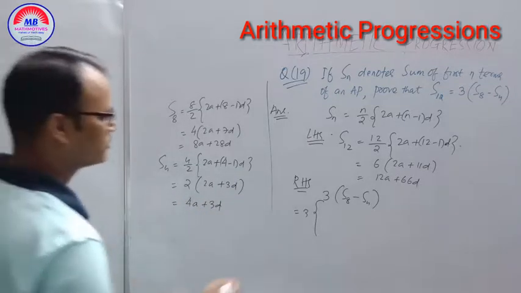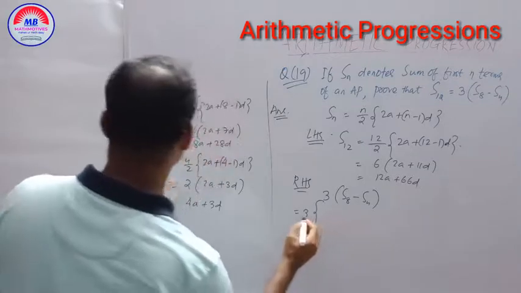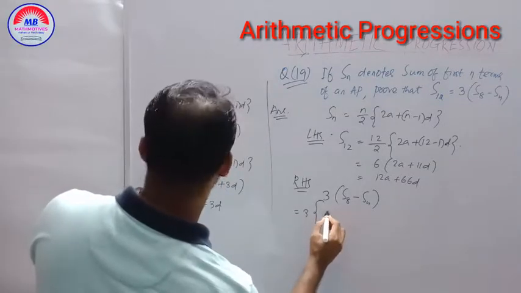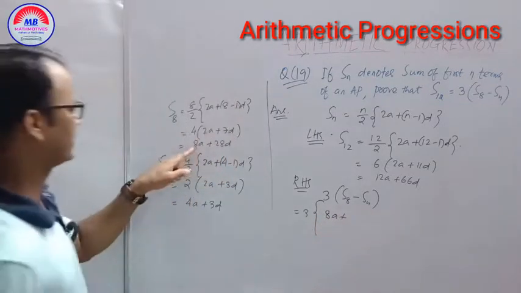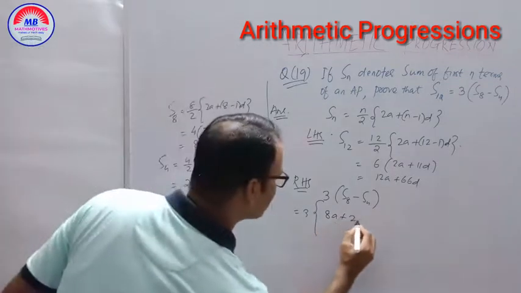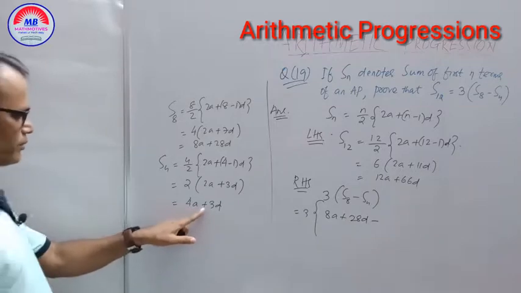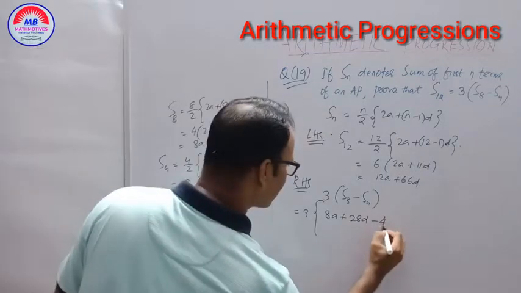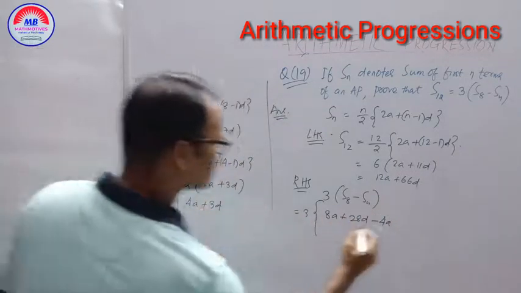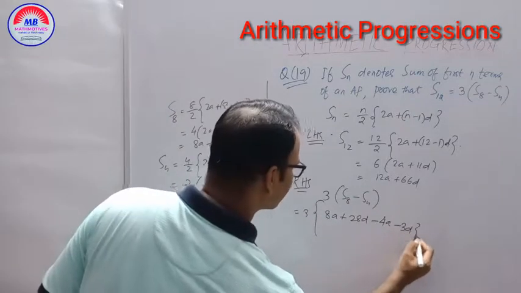Now put this value here. So 3 into S8 is what? 8a plus 28d minus S4, which is 4a plus 6d. So 8a minus 4a, and 28d minus 6d.